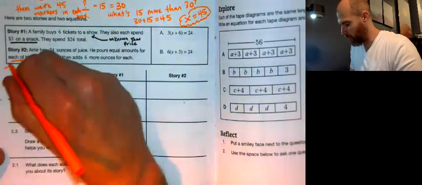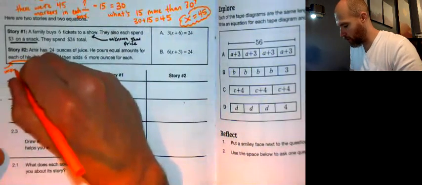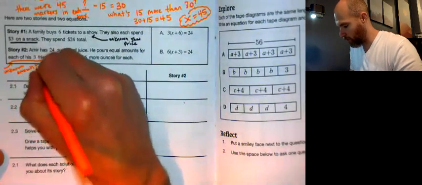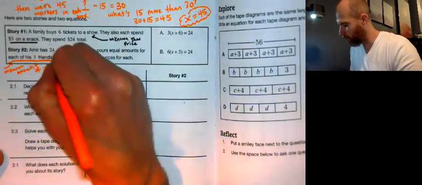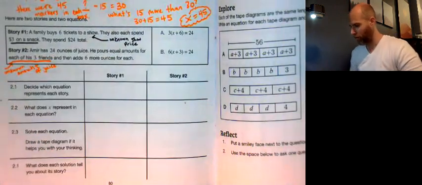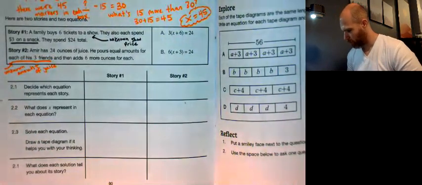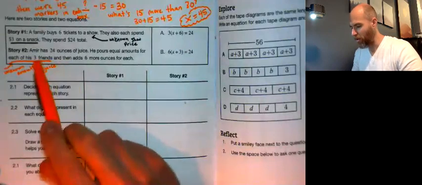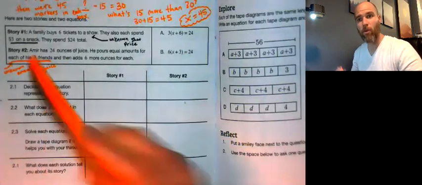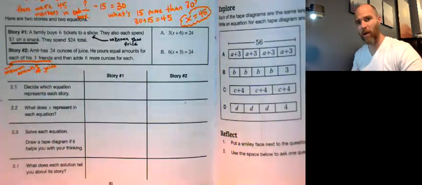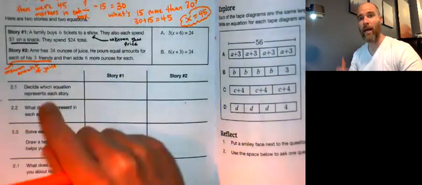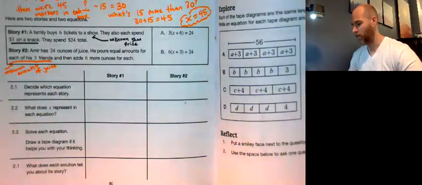So this is going to be an unknown amount of juice. And so because there's 3 friends, therefore 3 unknown things, I would expect this equation to either have 3x or an x being multiplied by 3 somewhere in it.